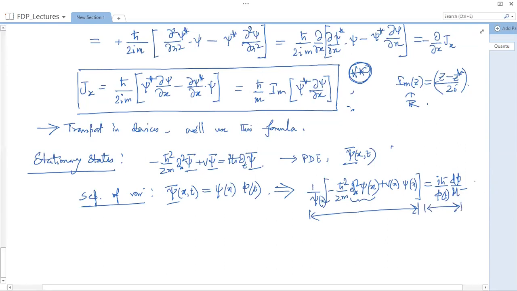both sides can be equal only if they are equal to some constant E. And then we get dphi/dt is equal to minus iE by ħ times phi, which gives phi of t is exponential of minus iEt by ħ.